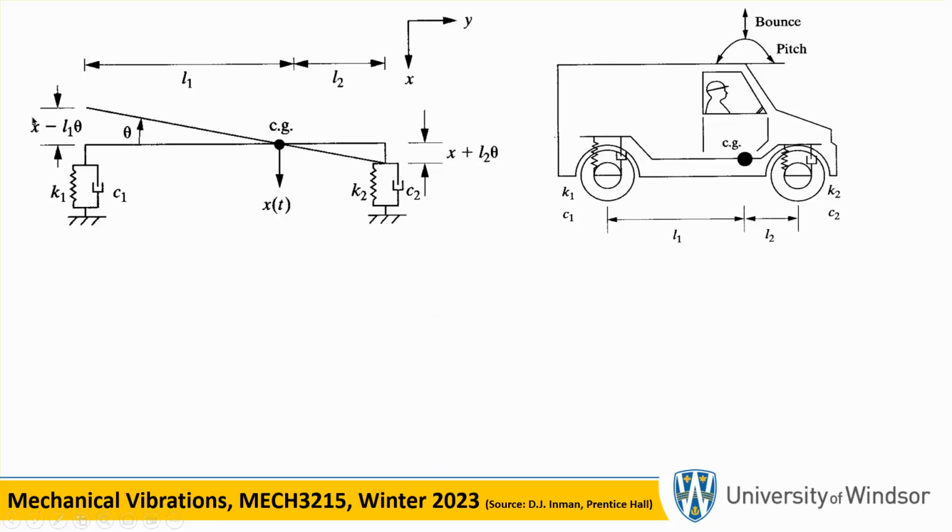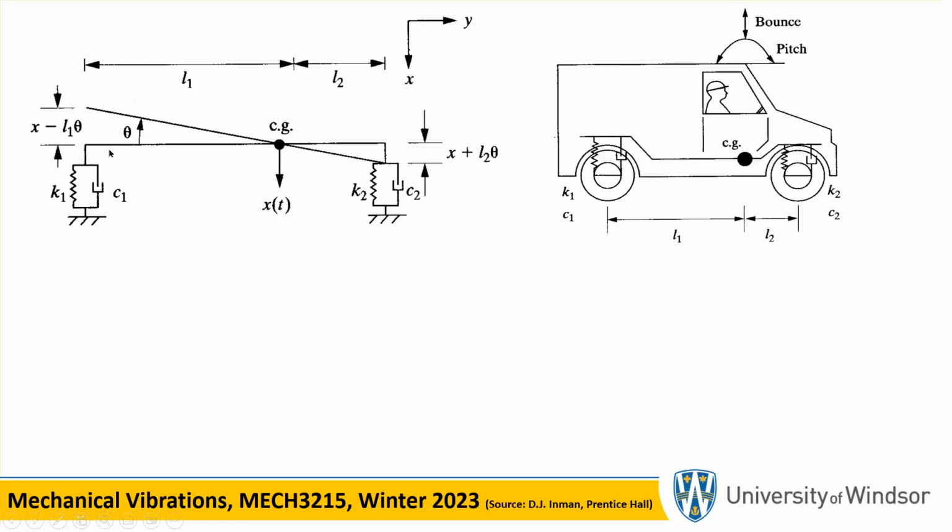Now, if you think about it, when this thing comes down, the CG comes down, and this thing rotates in the clockwise direction. The amount of stretching, the amount of this displacement, you can see is going to be x minus L1θ, because remember, this is coming down and this is going up.